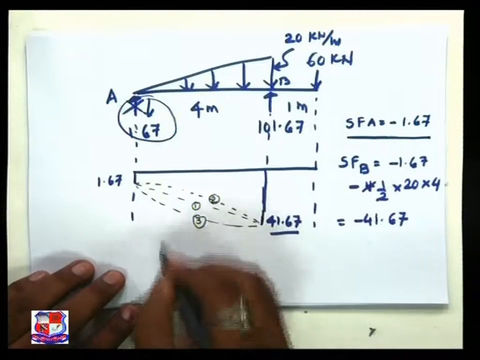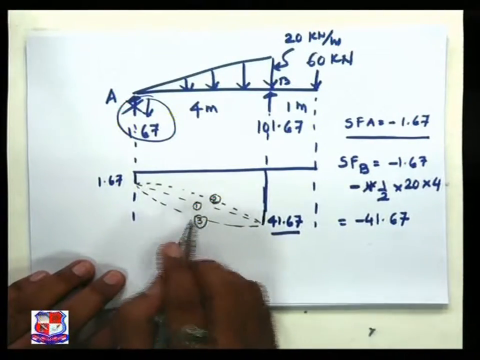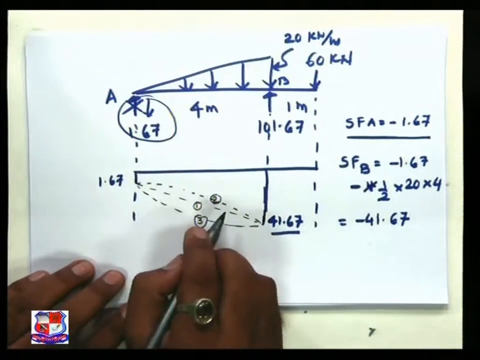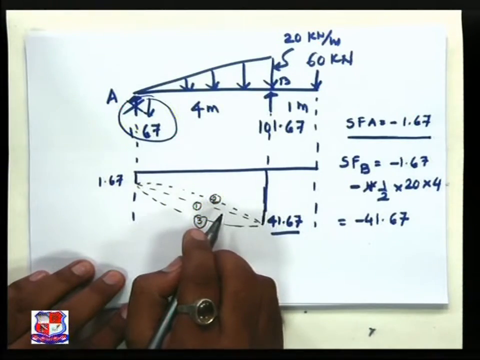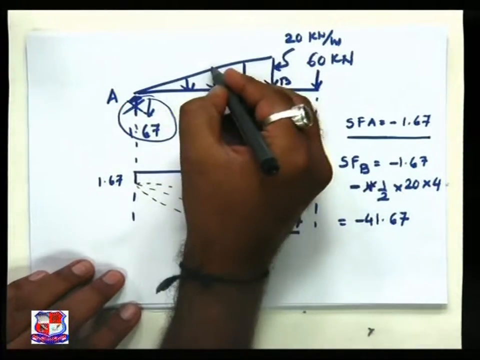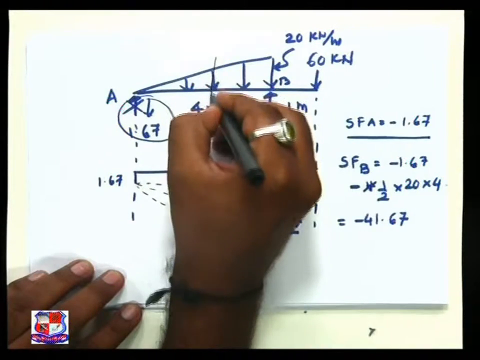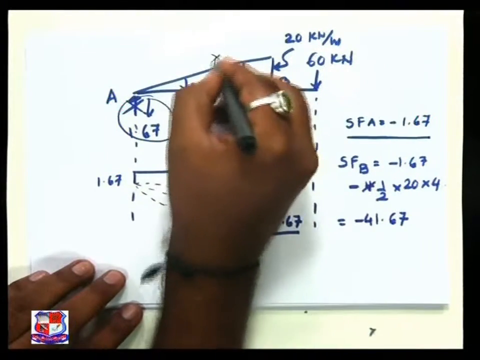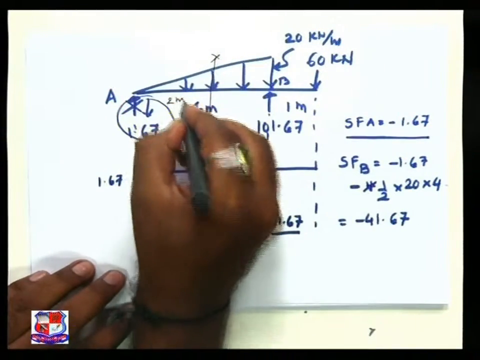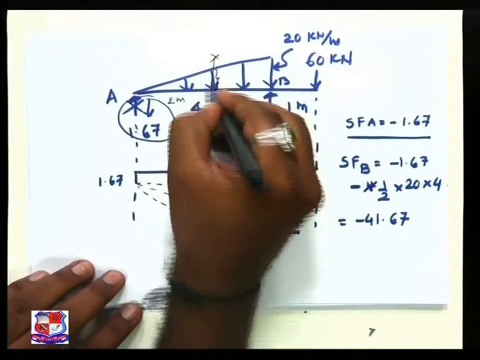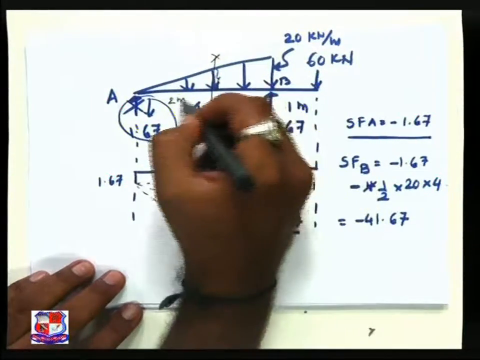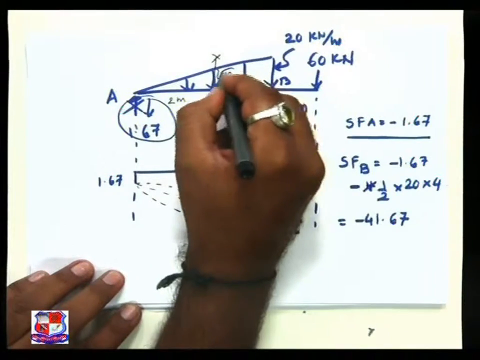Number 3. To decide which kind of diagram I have to follow, I have to take a central section that is at 2 meter. At 2 meter, this ordinate for 4 meter is 20, for 2 meter it is 10.